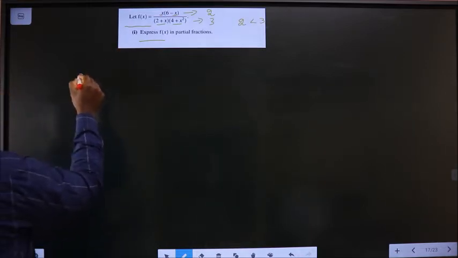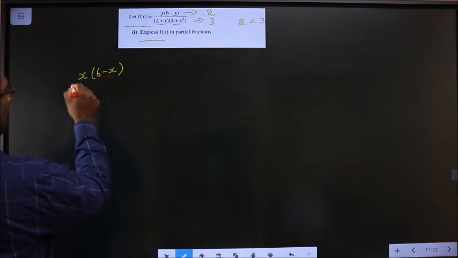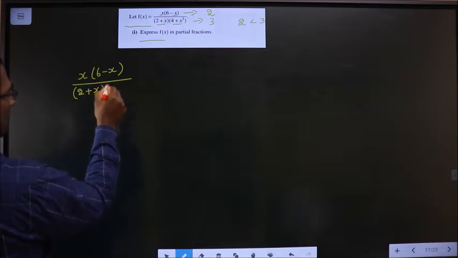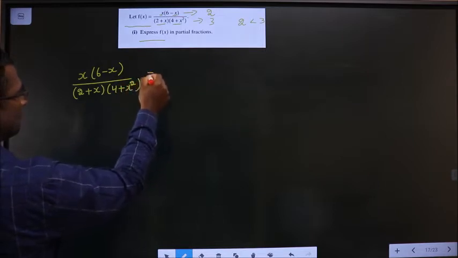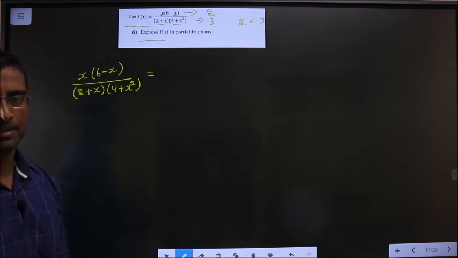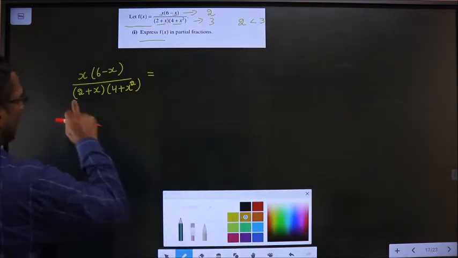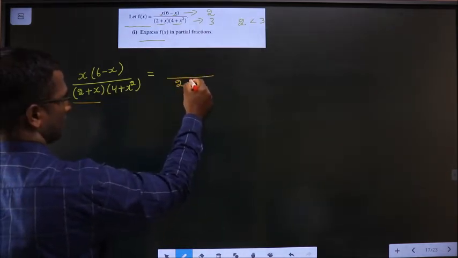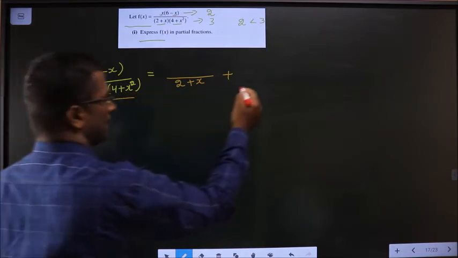I write the same thing here, x times 6 minus x by 2 plus x times 4 plus x square. How do I break this into partial fractions? See here. Take this bracket right here, plus, now take the second bracket and write here.